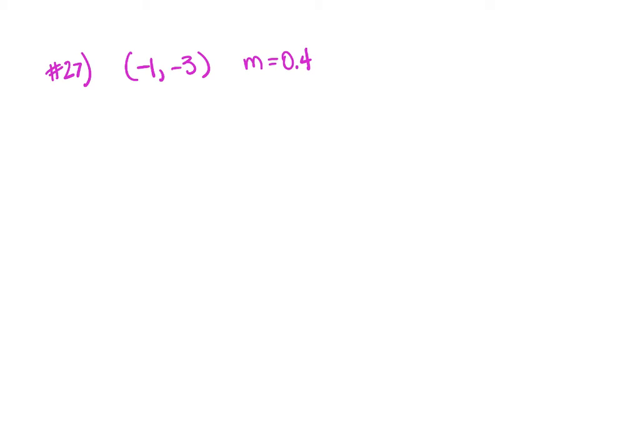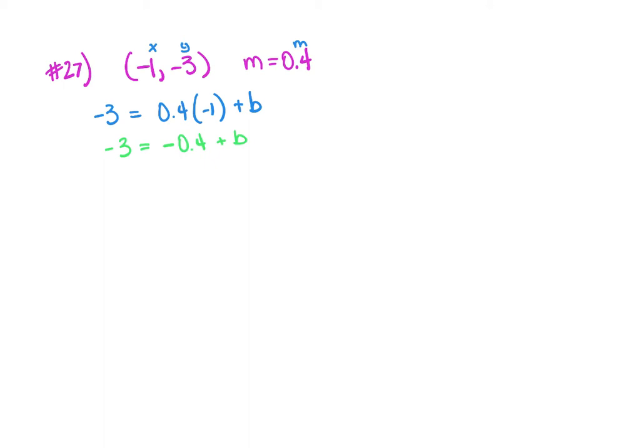And so we're going to say we have our x, we have our y, we have our m. So we're going to say y equals m times x plus b. And we're just going to solve this with basic algebra solving. So 0.4 times -1 rather is -0.4.